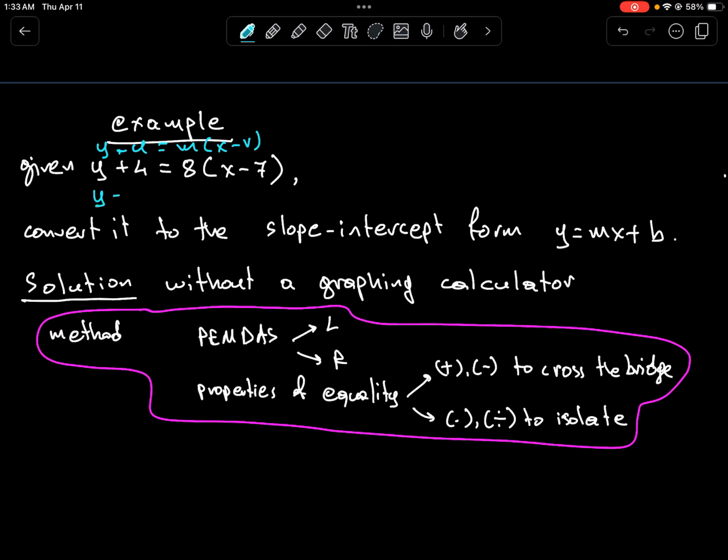Well, this plus 4 can be written as minus minus 4, and then you have the exact correspondence. 8 is m, 7 is v, and negative 4 is u. Okay, but as I said, knowing what the name of the given form is, is secondary. It's good to know, but it's just secondary.